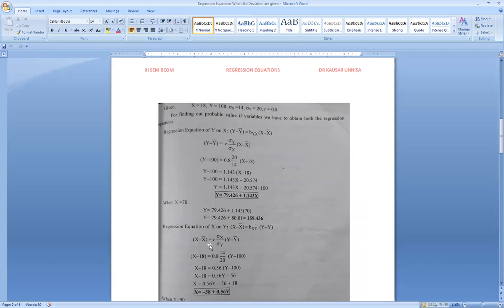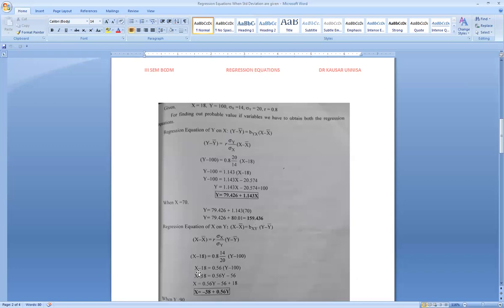Because the regression coefficient has to be considered with the standard deviation values, we should write: r into standard deviation x by standard deviation y into y minus y bar. So x minus x mean, 18, equals r, the correlation coefficient given in the question, 0.8, into standard deviation x, 14, divided by standard deviation y, 20, into y minus 100.